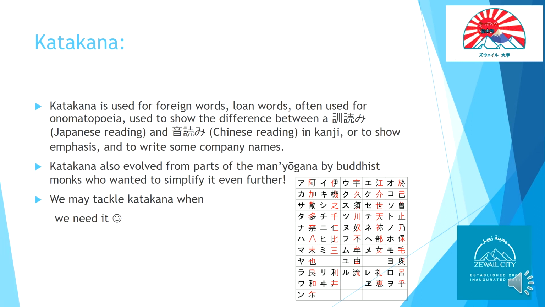So they have a writing system for words that are Japanese, words that express their culture, and they have another writing system for words that are not Japanese, words that are exterior to their culture.